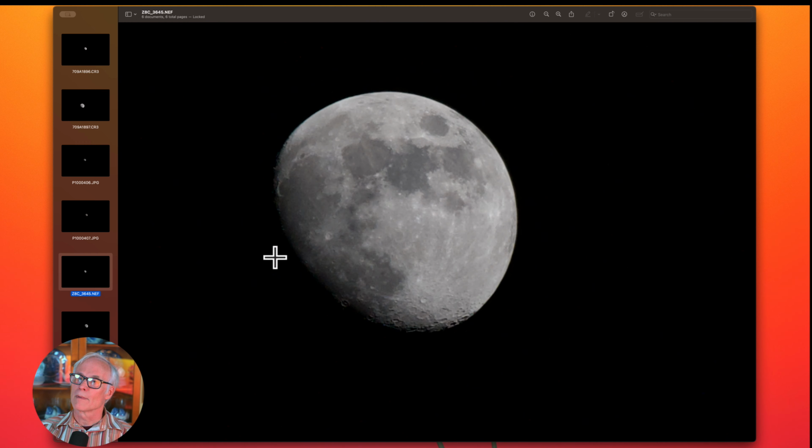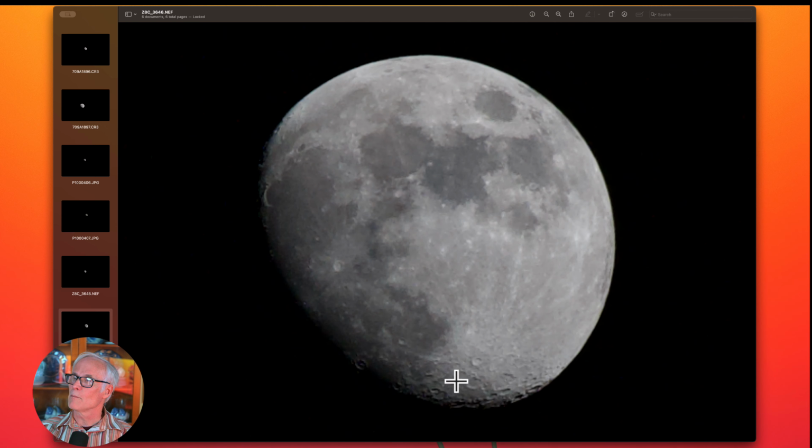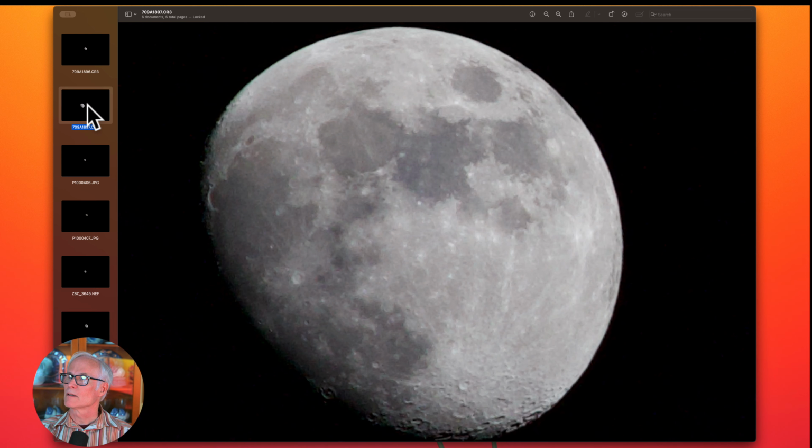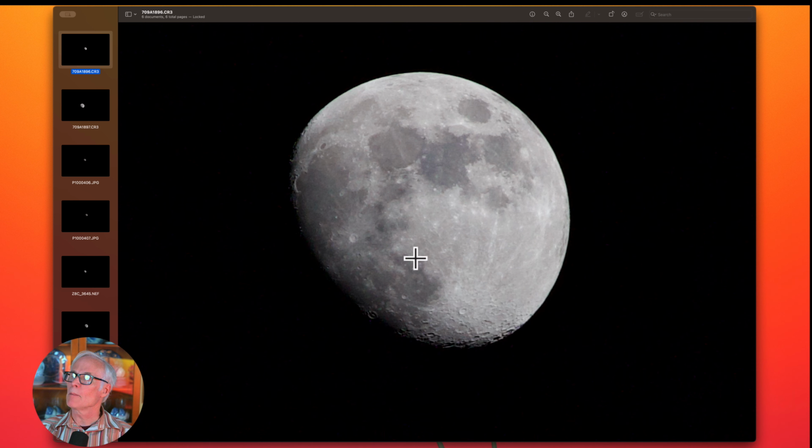So here's the Z8, and it's in crop mode. These are in RAW, the Panasonic's in JPEG. And that's my thing. So I think it looks sharper on the full frame.